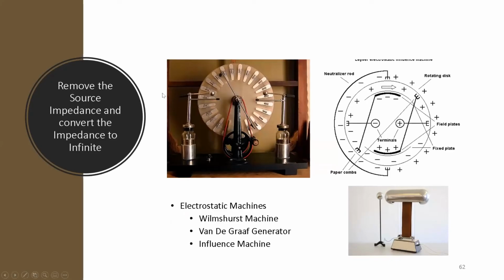Well, one way to do it is to use these types of machines, because they use a charge bucket brigade like here, where they put a charge on a piece of conductor and then move it to another conductor that powers your device. Or a Van de Graaff generator or an influence machine will work well too.